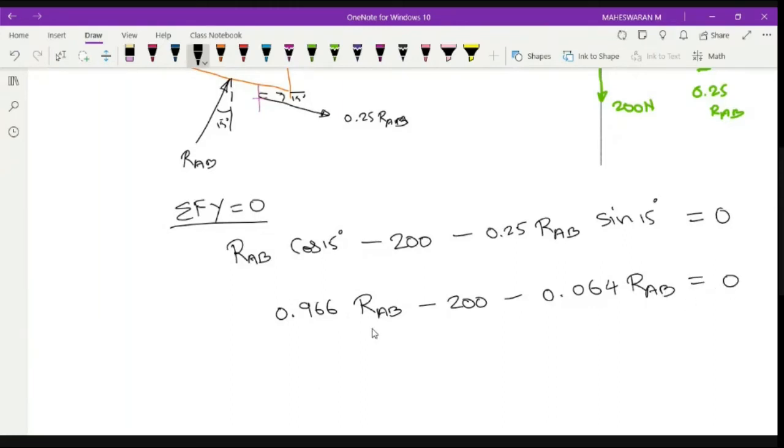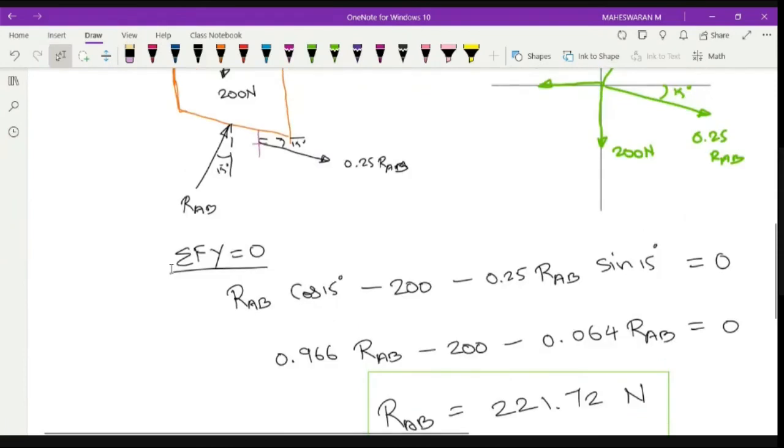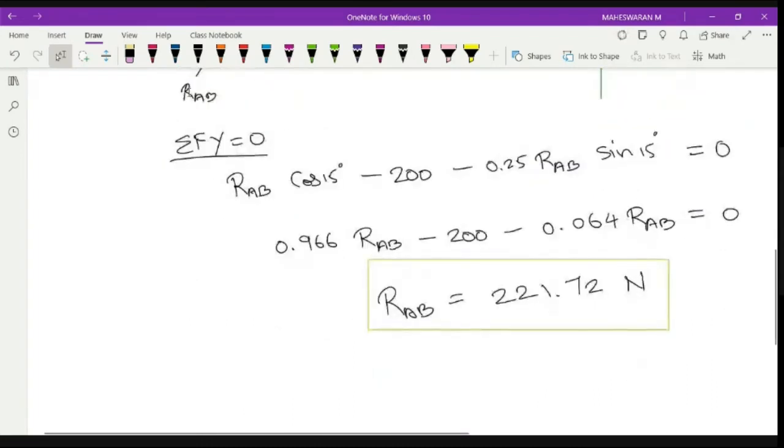So you can find the value of RAB, which is 221.72 Newton. Are you getting this value? Yes, sir. Right, now I got RAB. Next I'll go for RA. To identify RA, I have to equate sigma Fx equal to 0.